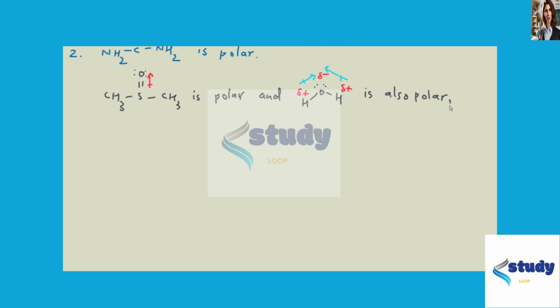Okay, and it forms hydrogen bonds due to the interaction of oxygen and hydrogen. Okay, so with this electronegative oxygen atom we can have interaction of this hydrogen atom.